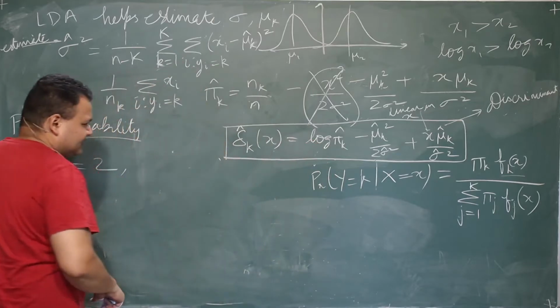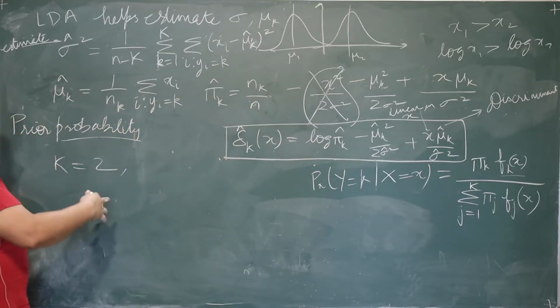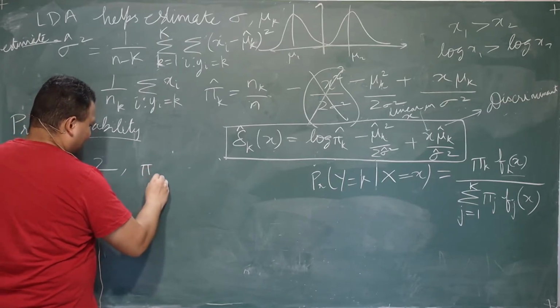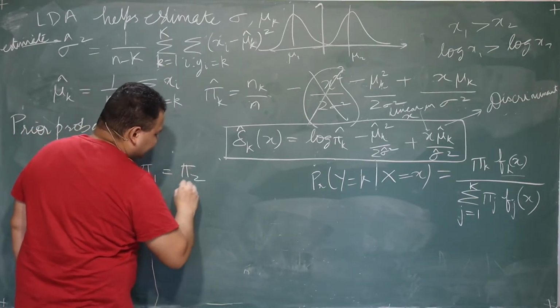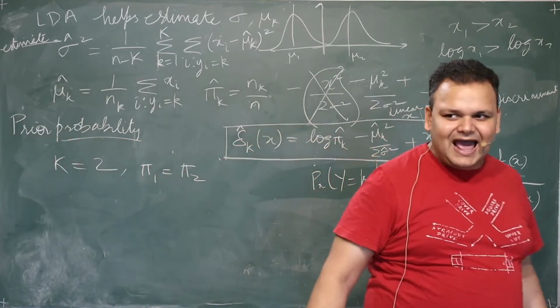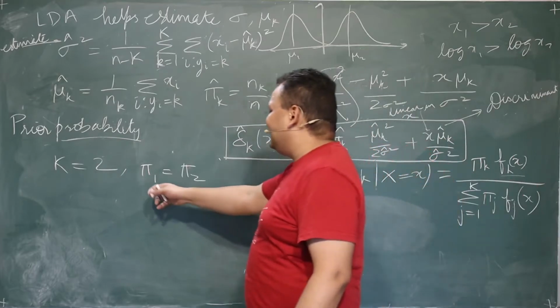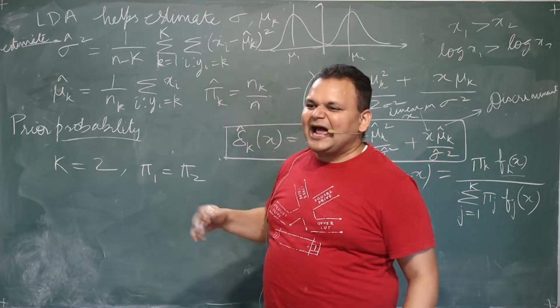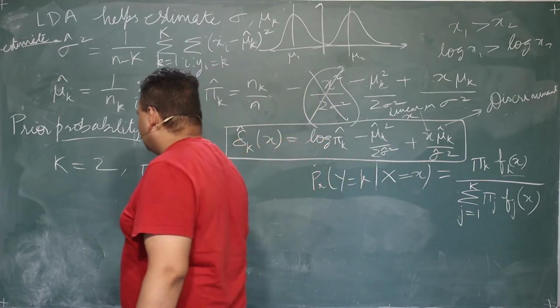So I'm saying that pi 1 is equal to pi 2. The prior probability of finding class 1 is equal to the prior probability of finding class 2.